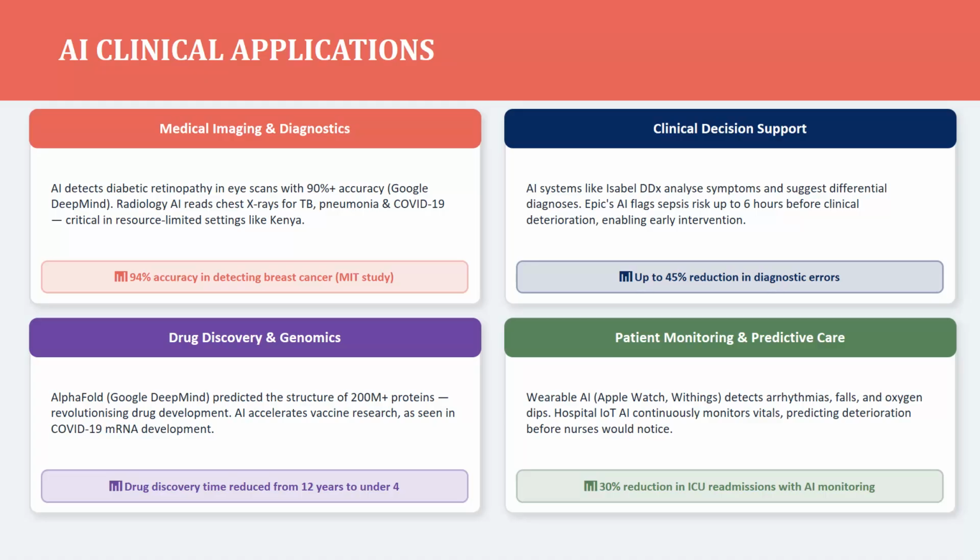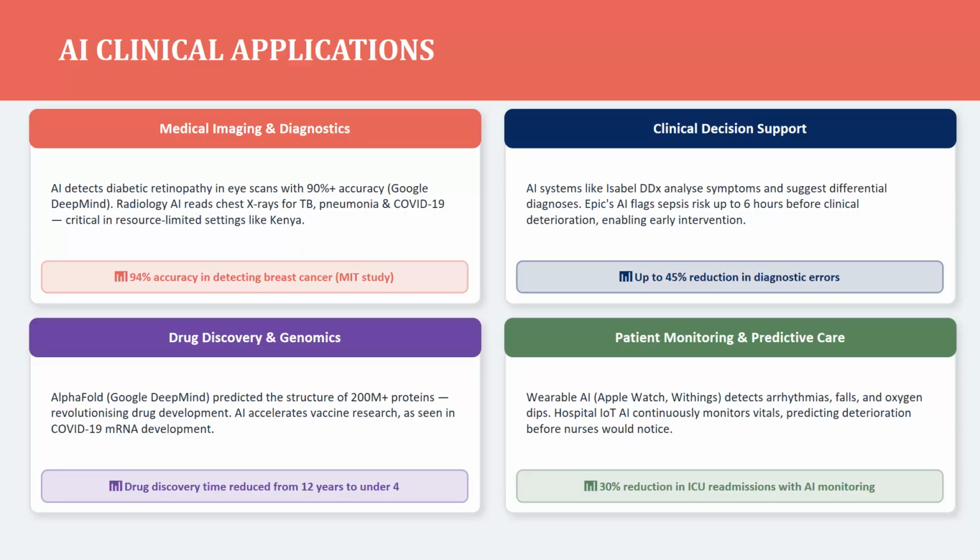So, medical imaging and diagnostics: we have AI detectors for retinopathy in eye scans with 90% accuracy, using an AI tool called Google DeepMind. Then we have radiography, where AI reads chest X-rays for TB, pneumonia, and COVID-19.